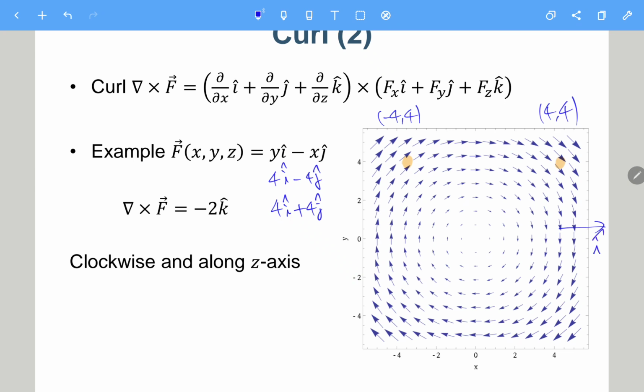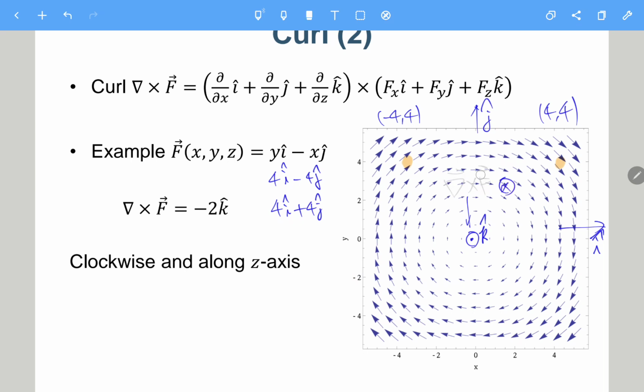This is i hat, and this is j hat. So k hat is pointing out of the page. If it is negative 2k hat, it means that curl of f is pointing into the page.